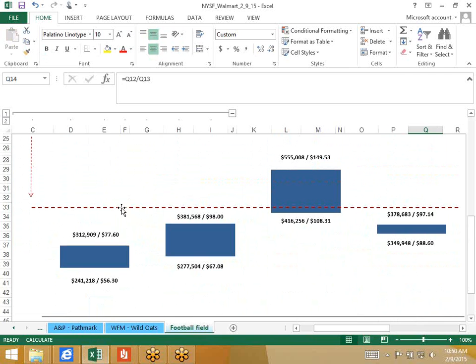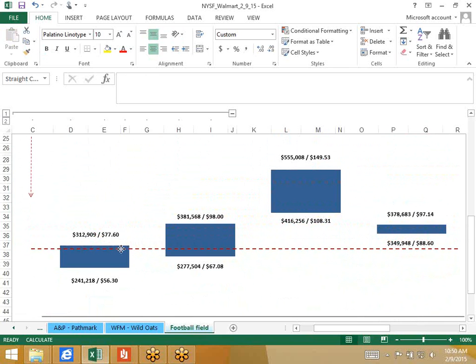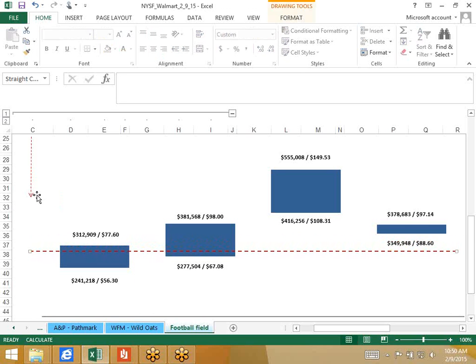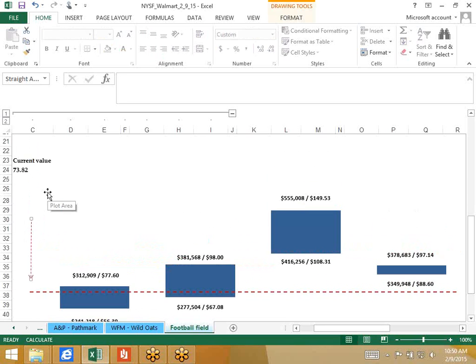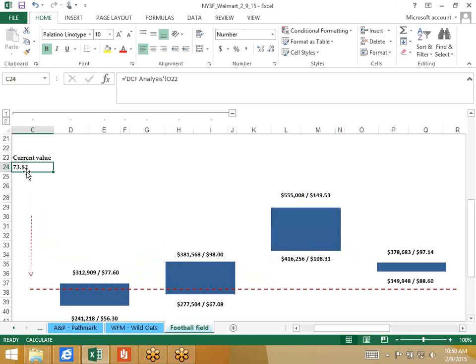We've got to move the line. The current value is $73. It's got to be under 77. Probably about here. 73.82. Okay. This is where it is now.